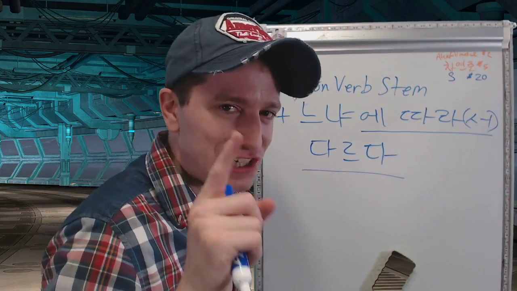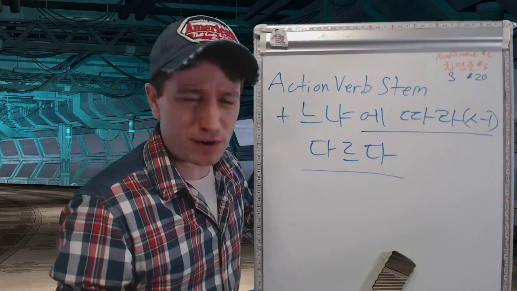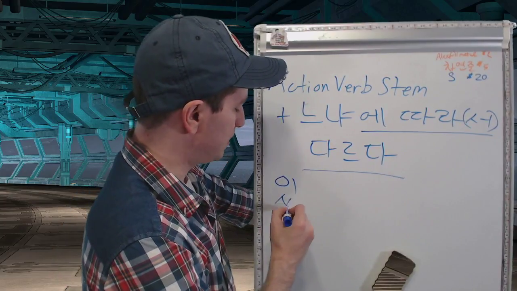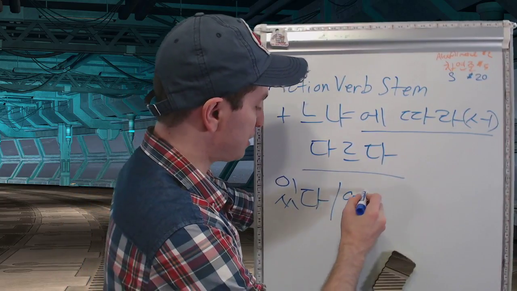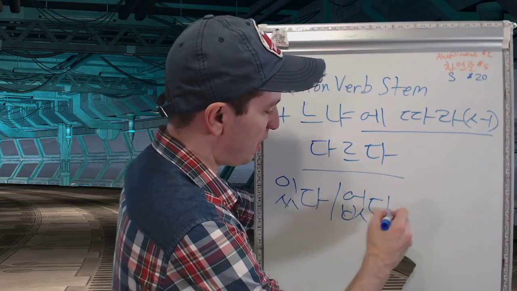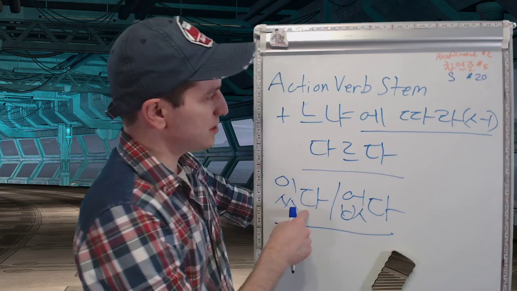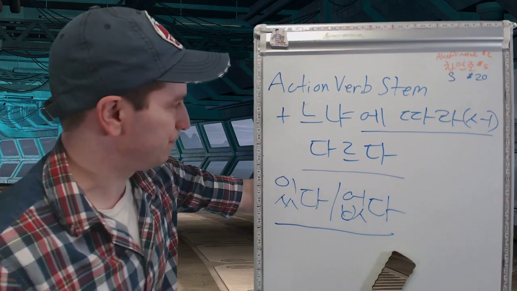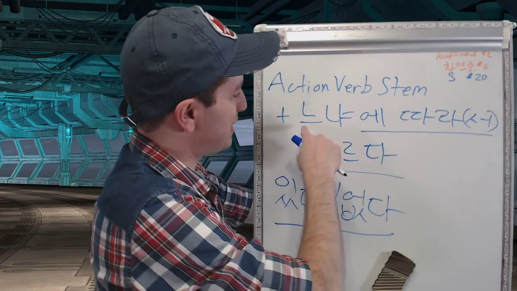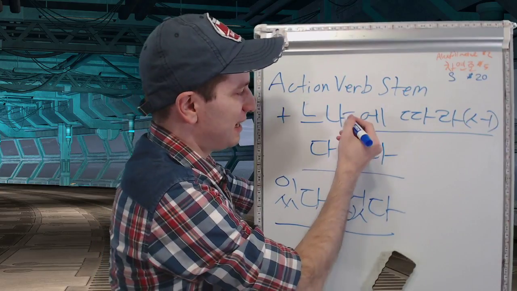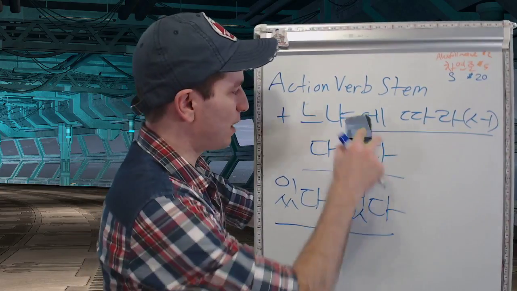Only action verb stems for the most part, with the exception of 있다 and 없다, which conjugate like action verbs even though they're descriptive verbs. So these are exceptions. Other than that, any action verb, you take the stem, you attach 느냐, and then you finish the sentence the exact same way as before.